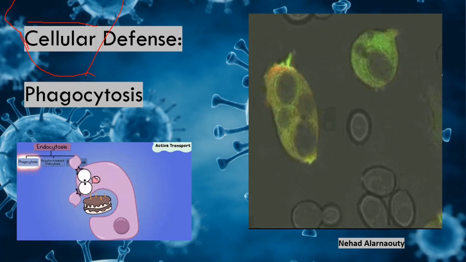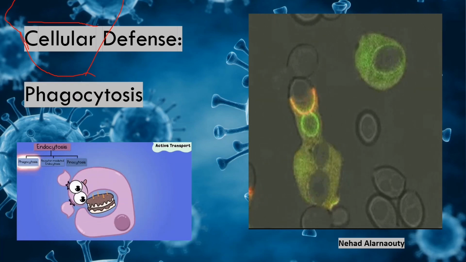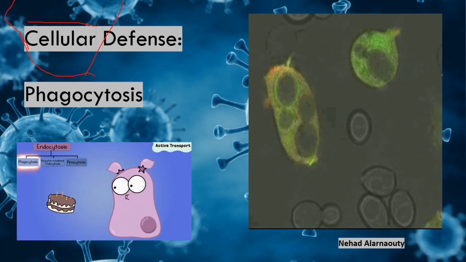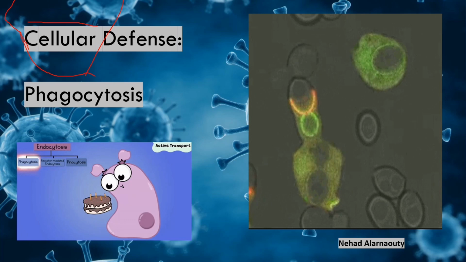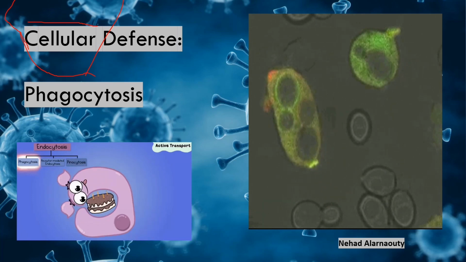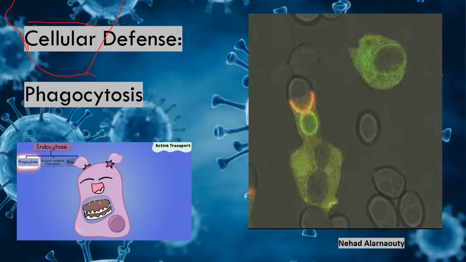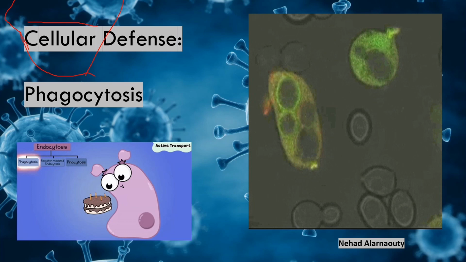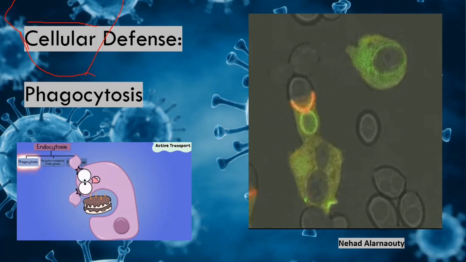The phagocytic cell surrounds and engulfs any foreign body. And the phagocytic cell contains, like any other cell, the organelles in all cells, including the lysosomes.